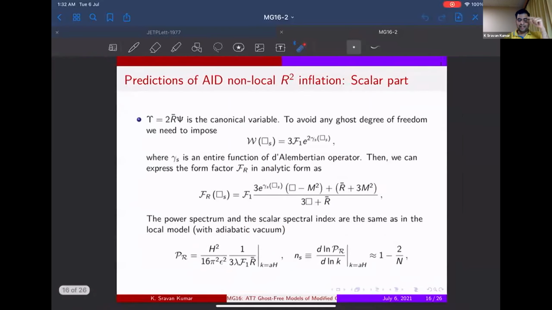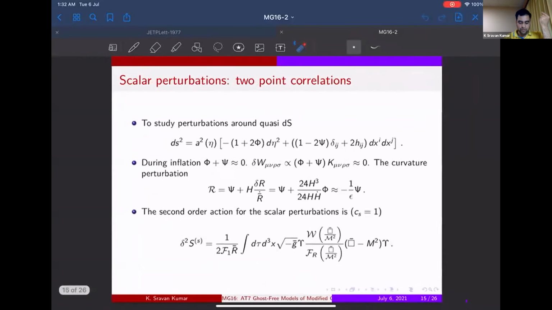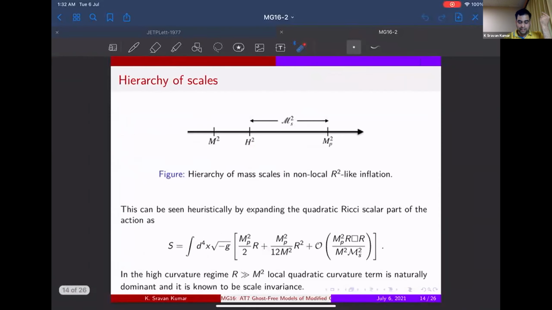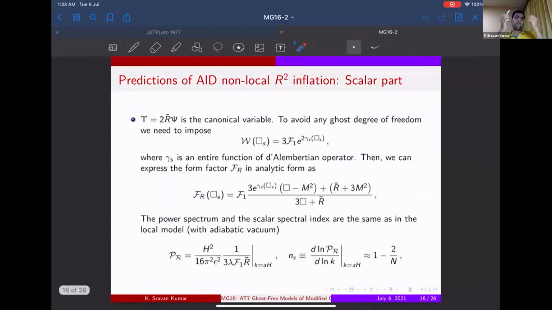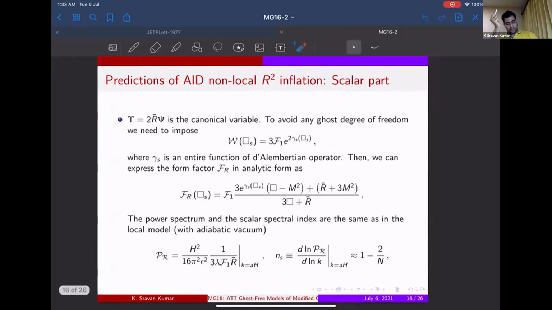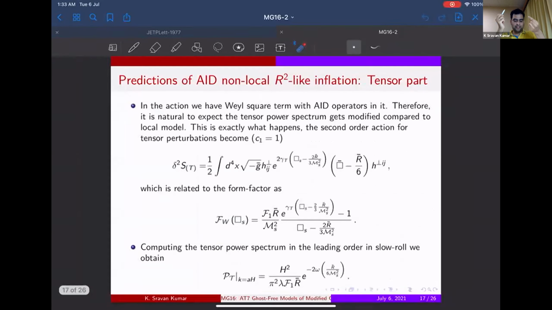And there is another piece which I have already explained. We should have the non-locality scale just above the Hubble scale during inflation. With this restriction, we preserve the good properties of the local theory. That means the power spectrum and the spectral index remain the same, but the main difference compared to the local theory will come because of the Weyl f of box Weyl term.